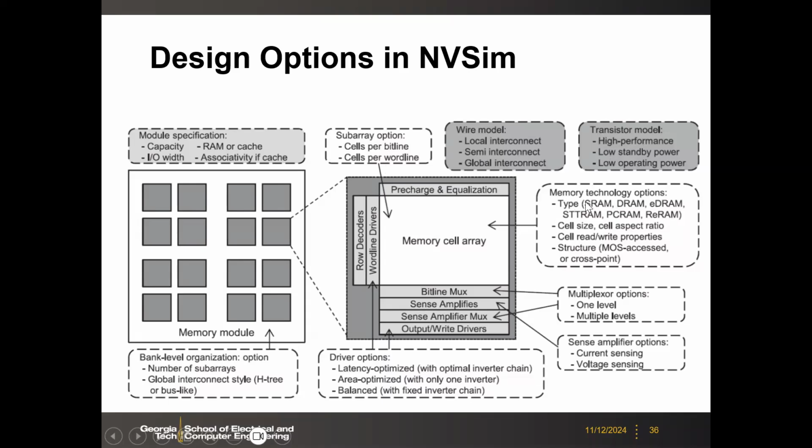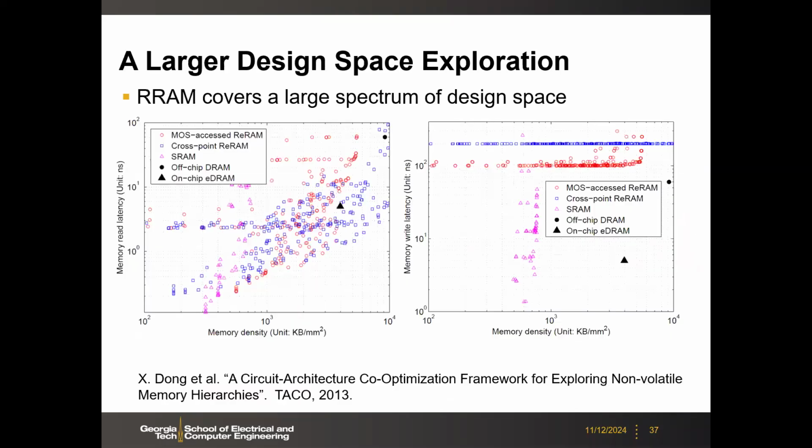And here, of course, you are given the task to do the RRAM, but in general, you can vary that. And then the driver option, and then you do the current sensing, voltage sensing, and so on. So you have so many choices, okay? So you can vary or sweep the parameters in the tool. Then you can generate the design space.